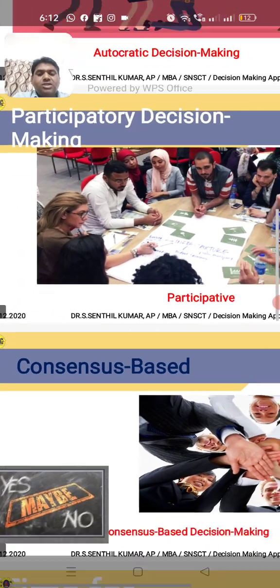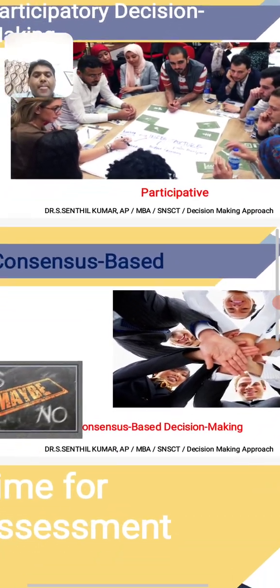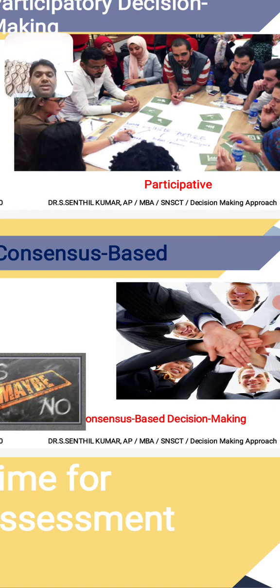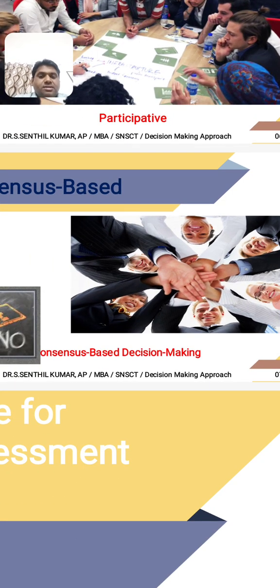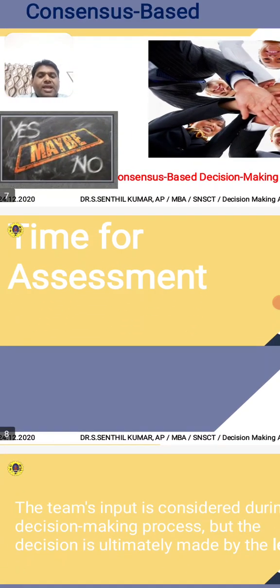And consensus based, you see, we have to decide yes or no, isn't it? So you have to collectively take whether it will be good, or if wrong what action can be taken, or by a show of hands we can put yes or no, and then decide what decision has to be taken.